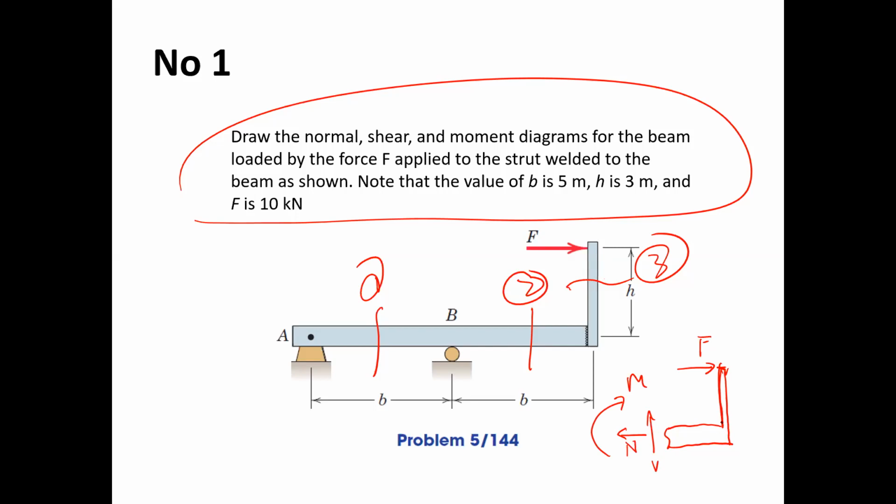And because X is from the left, right? This distance is supposed to be, B is 5 meters, so 10 meters minus X, something like that. That's all. And H here is supposed to be, what is H? 3 meters. You can solve it that way as well.